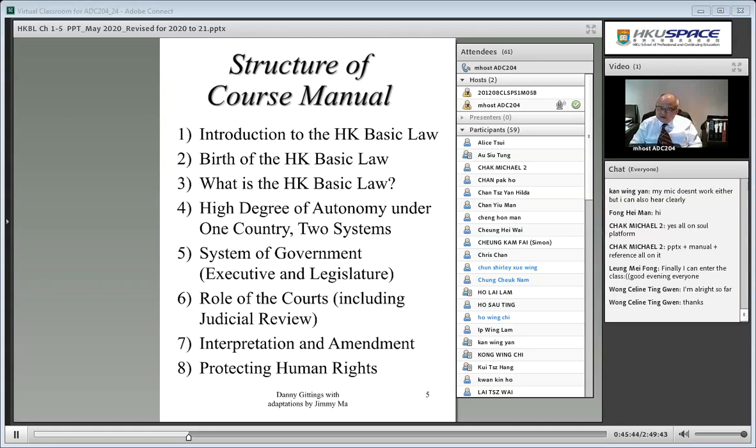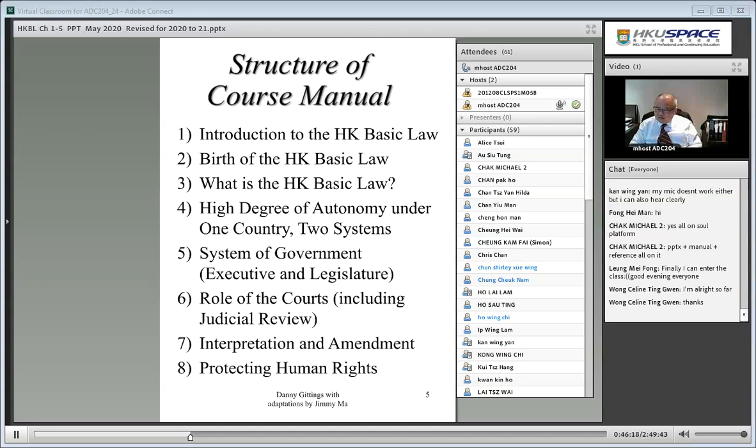We'll be looking at the birth of the Hong Kong Basic Law, some historical aspects, and also the legal aspects of it. We'll be looking at some drafting of the Basic Law, and then from a jurisprudential point of view, we will also look at the question of what the Hong Kong Basic Law is. Then a high degree of autonomy under one country, two systems will be the subject of Chapter 4.